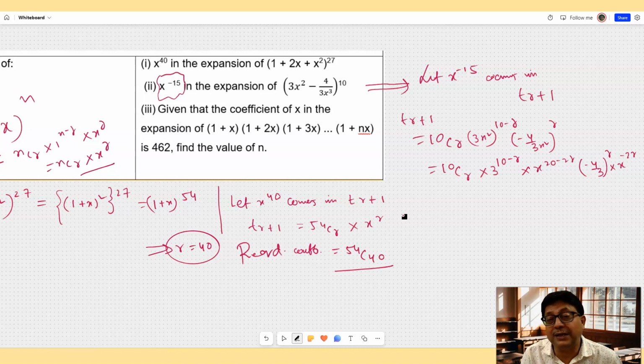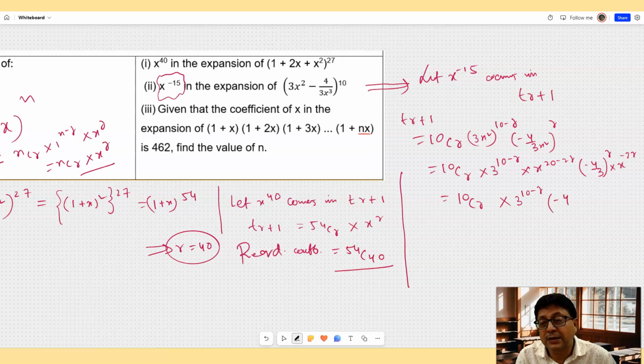Whatever index we get here, we will compare with minus 15. If we get r as an integer, then it's fine. If you don't get r as an integer, we will say that such a term is not possible. So let's see what happens here. It is 10Cr 3 to the power 10 minus r x to the power 20 minus 4r.